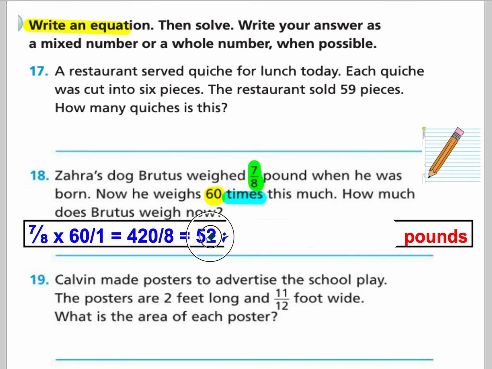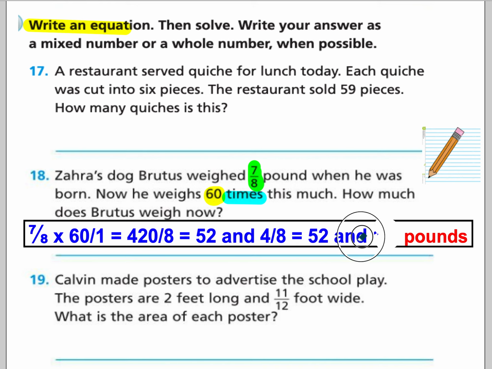So if you already did it and you found that there's 52, but there's a remainder of 4. 52 and 4/8. There was 4 remaining and the denominator stayed the same. 52 and 4/8 is a great answer. It's right. And if you can also see that you can simplify 4/8 into a half pound, that's great.